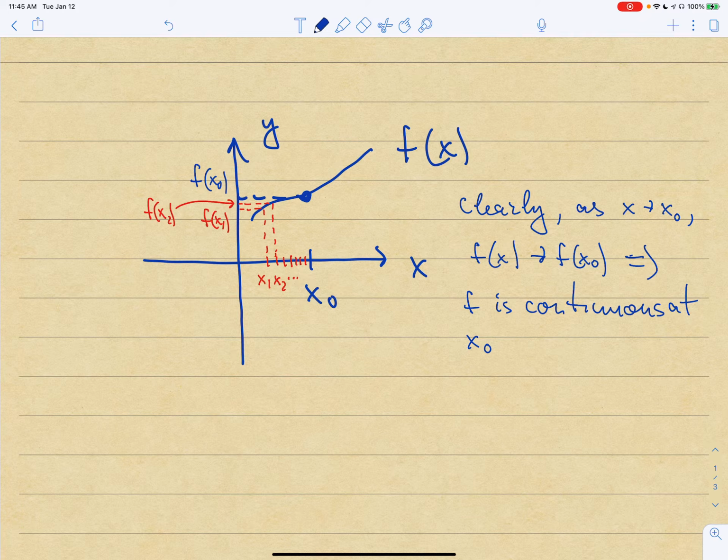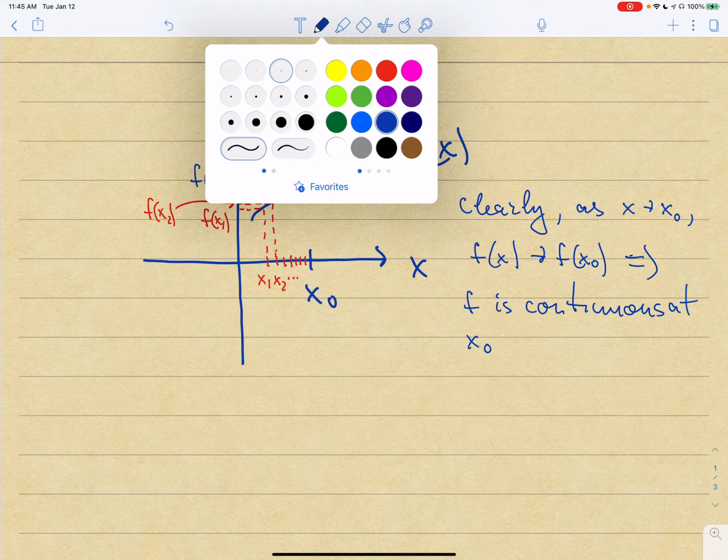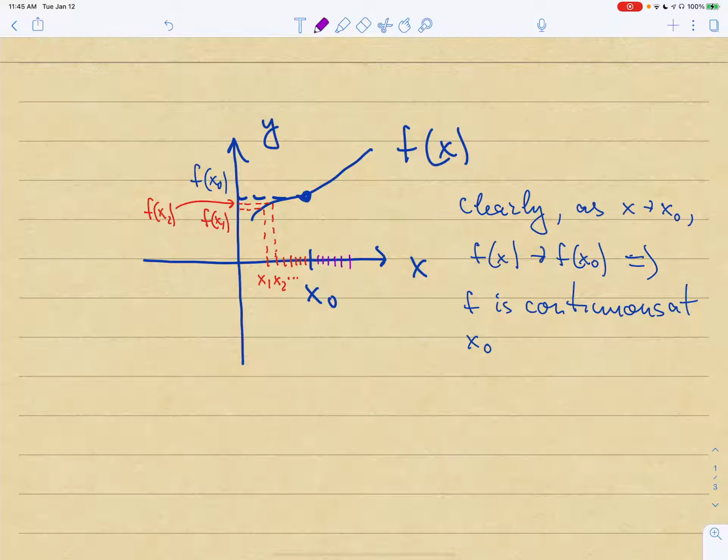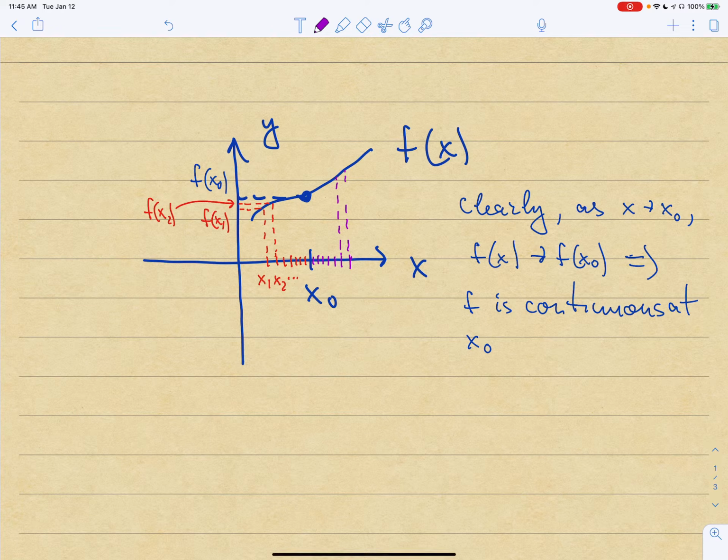Now, notice also that if I have another sequence which converges to x0 from the left, then the corresponding y's will do the same thing, right?